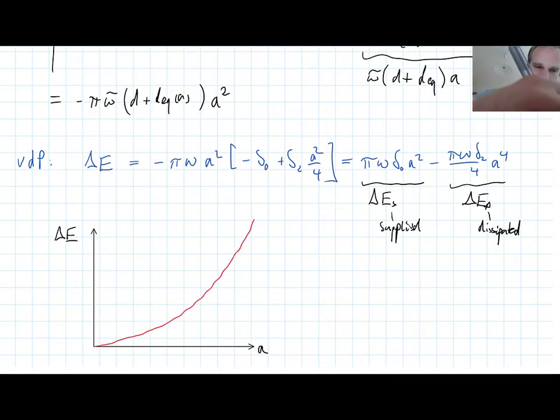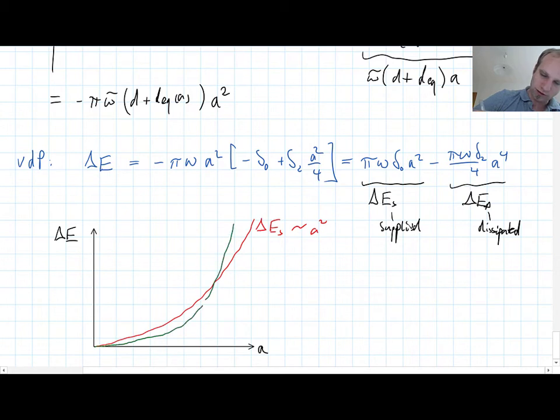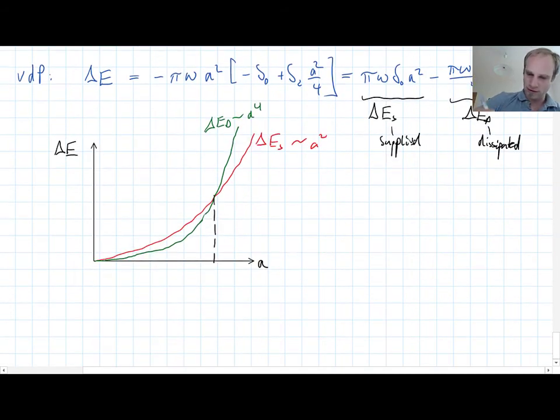And on the other hand, so this is the supplied energy growing with A squared. And the fourth order parabola is smaller first, obviously, then increases more quickly. So we do have here 2 points where actually these two energies coincide, and that's this point here, and it's also at this point here.